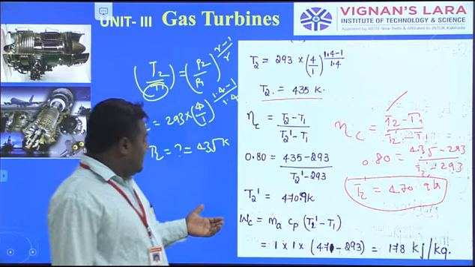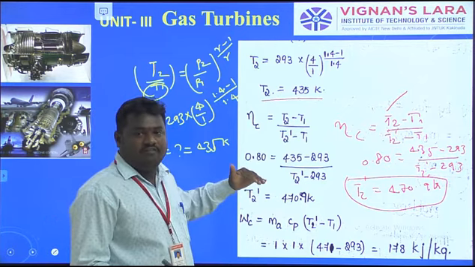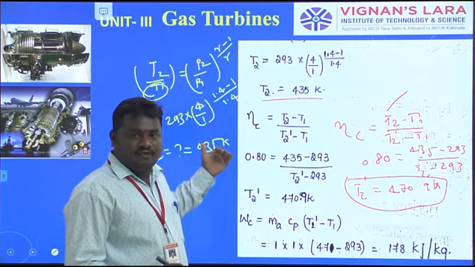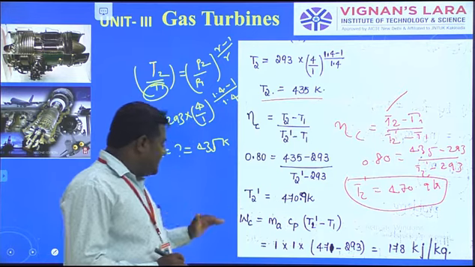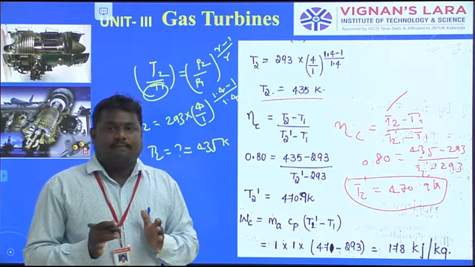Then the work done for the compressor. This is the sequence in which we are solving this problem. WC means the work done for the compressor.